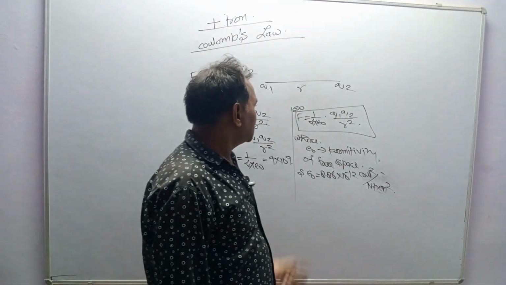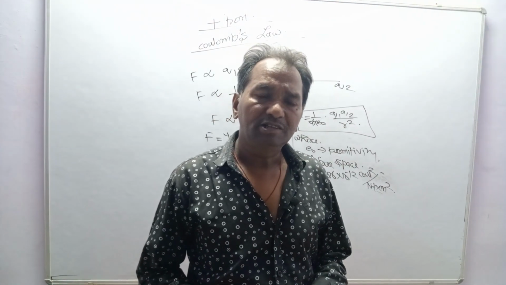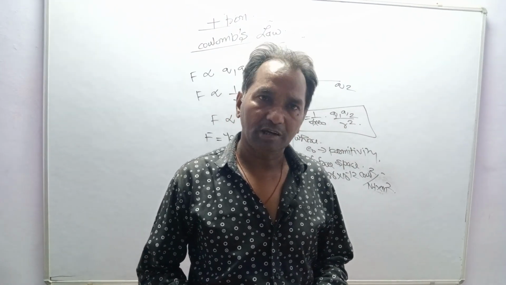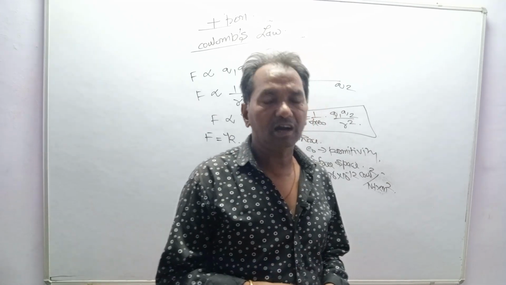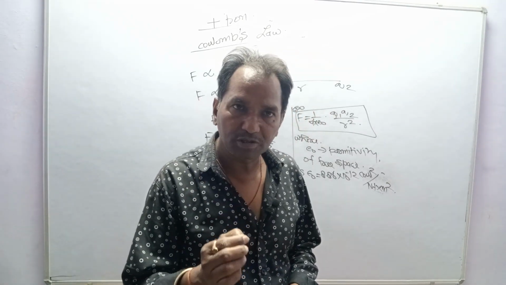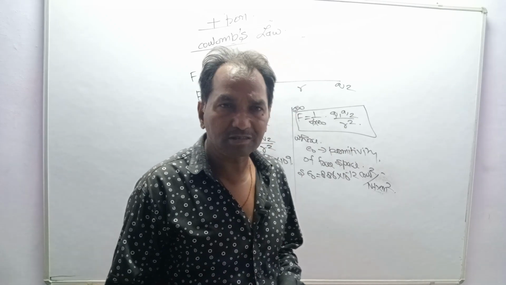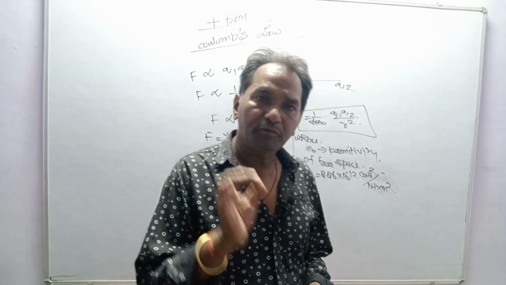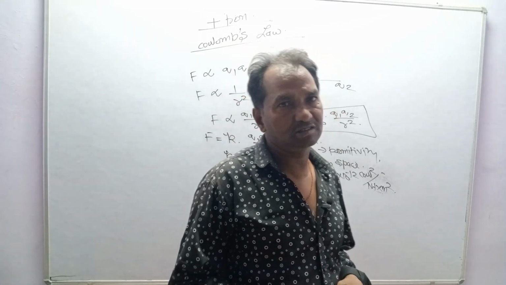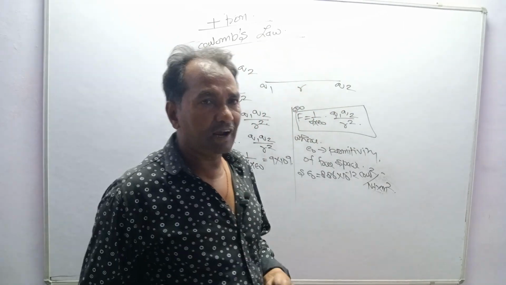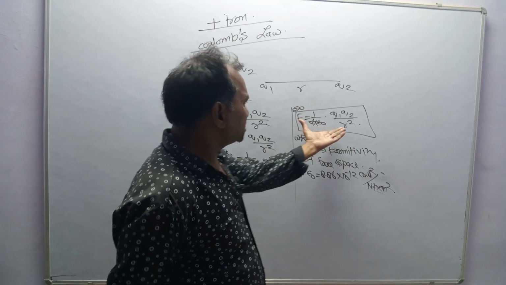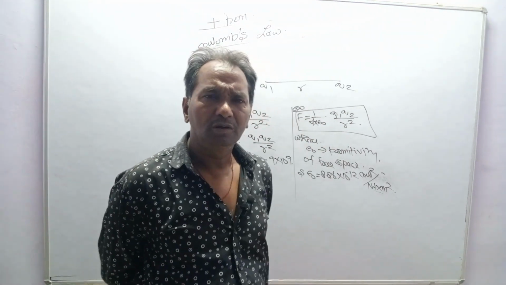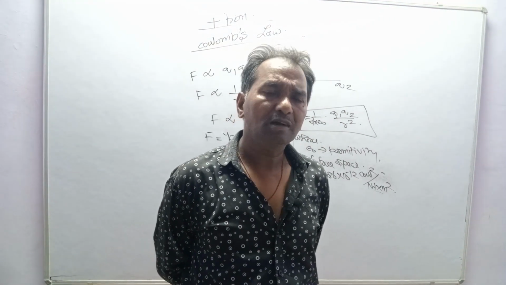Let's discuss, dear students, as I have said, these are two point charges. The force acting between like charges, I mean between positive and positive or negative and negative, is repulsive, and the force acting between unlike charges is attractive. Dear students, this formula is true for vacuum or in air.